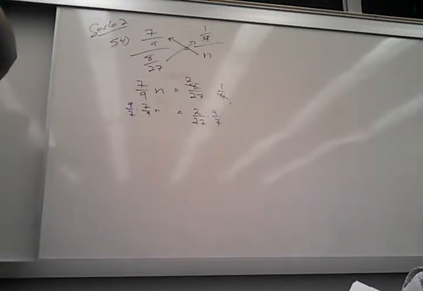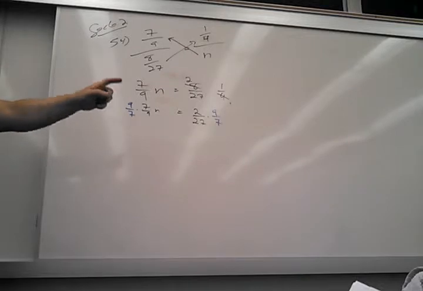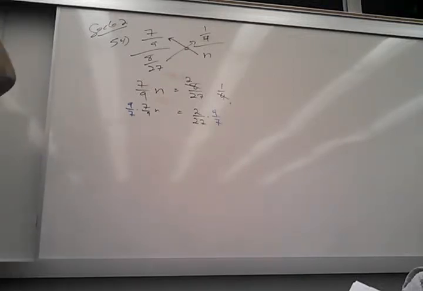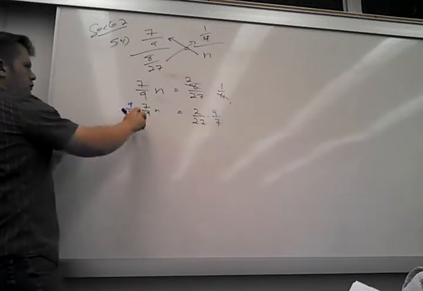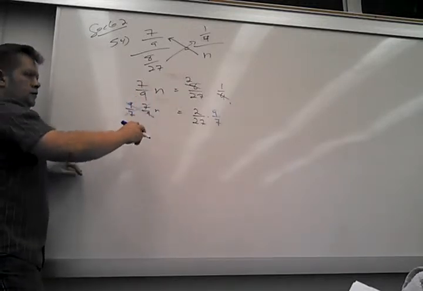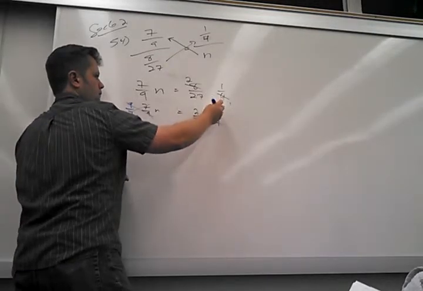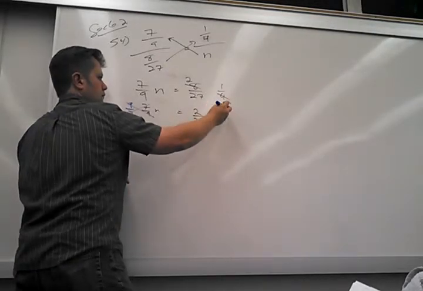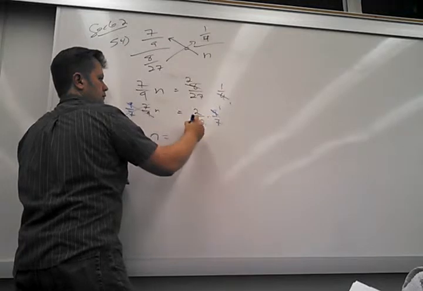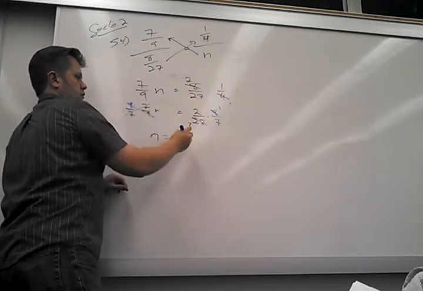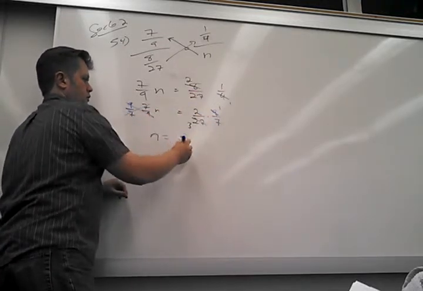So I am dividing by 7/9, I'm just doing it in a very smart way. So let me not make another big fraction with fractions in it. Let me just go straight and multiply by the reciprocal. The 9 and 7 die, and n is left alone. 1 times 2 over 21. 2 over 21. Done.